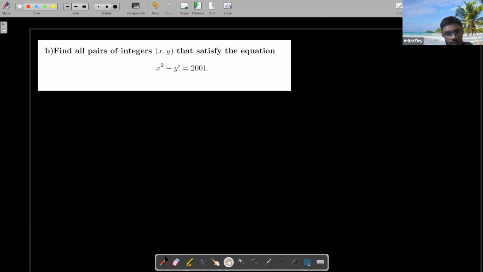Now I'm getting to this particular problem. In this problem, we need to check modulo 7 on both sides.